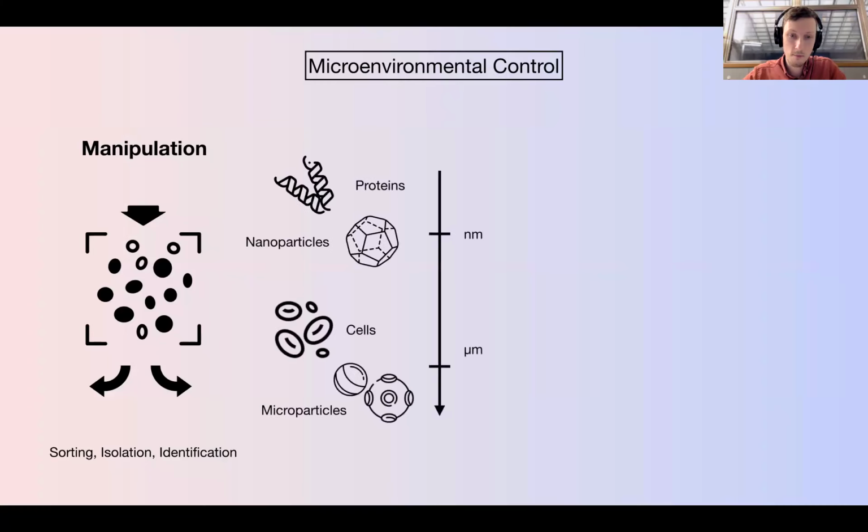There are, of course, different scales and different things that you can study. On the nanometer scale, you maybe have proteins that you're interested in looking at, or nanoparticles. If you go one scale up, you can even look at cells and microparticles. But in order to do all of these different and quite complicated tasks, you need a certain environment, and you need certain types of tools.